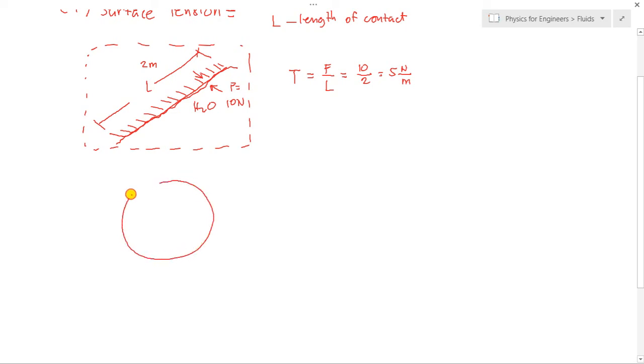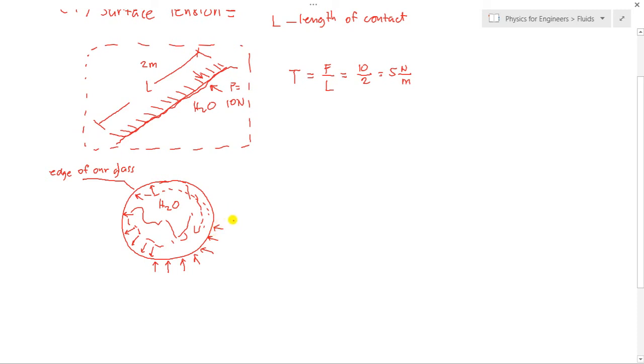So the water, H2O, is here, and this is the edge of the glass. Therefore the water exerts an adhesive force on the edge of the glass, and of course the glass also exerts an equivalent force, action and reaction.